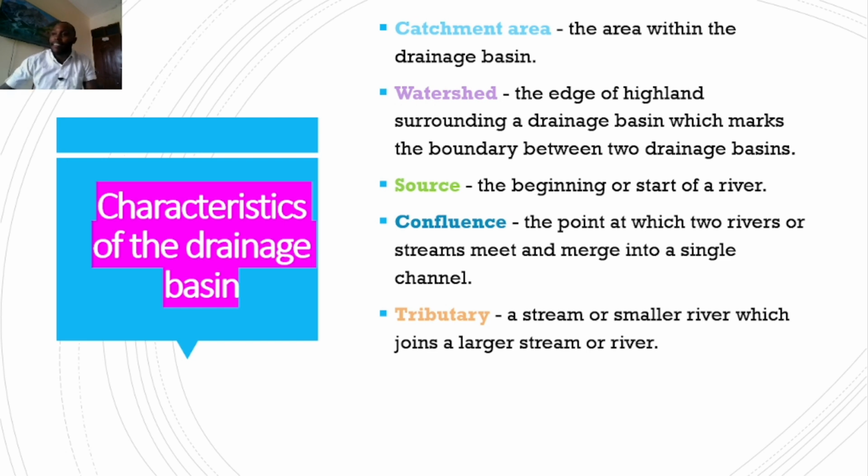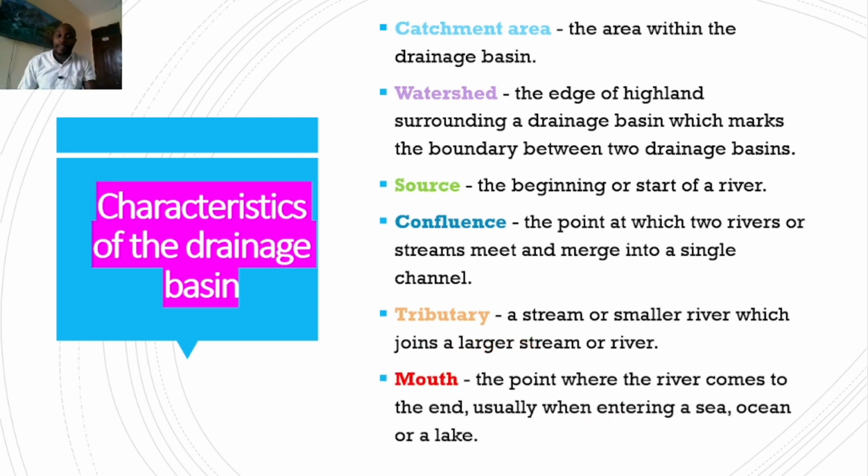When you have a small stream that joins a large river, one of the main rivers, that's what we call a tributary. Not where they are meeting, that is the confluence, but that channel alone, that stream of a river, is what we call a tributary.